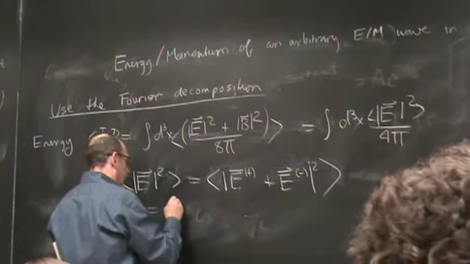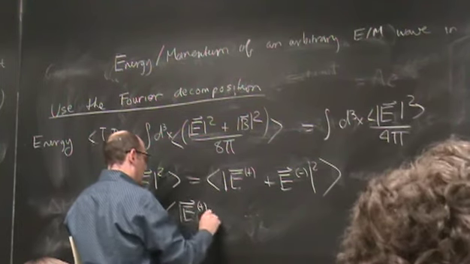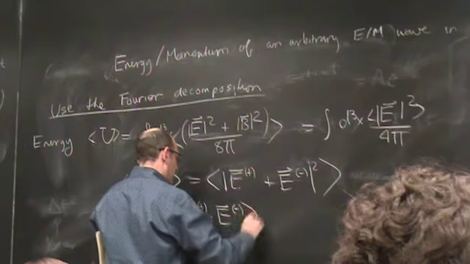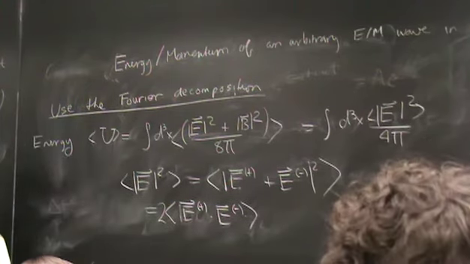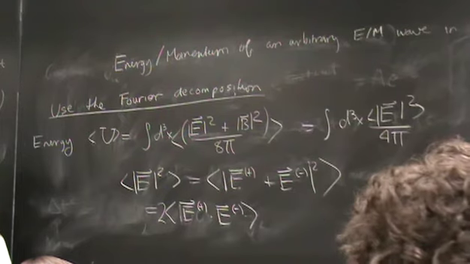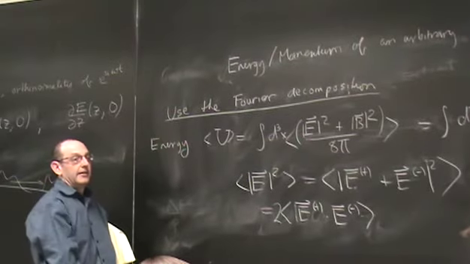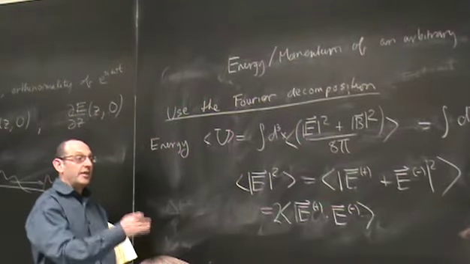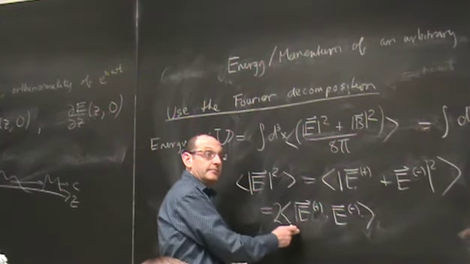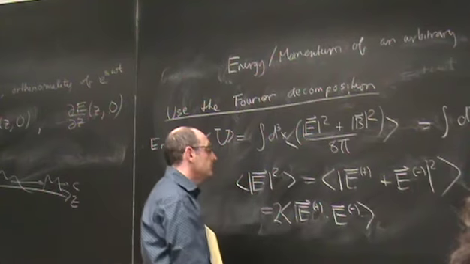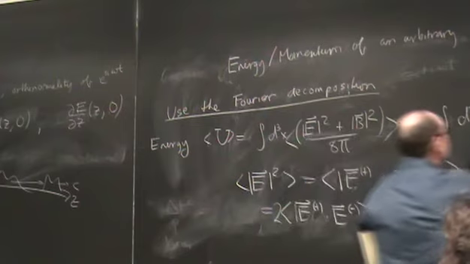So all I get is the average of E plus times E minus, and I get 2 copies of that, because the other ones time average to 0. Right? Because they're going to go like e to the minus i omega t squared, that's 0. You've got to have e to the plus i with the e to the minus i in order to average to something that's not 0. Okay, so we can plug that in.